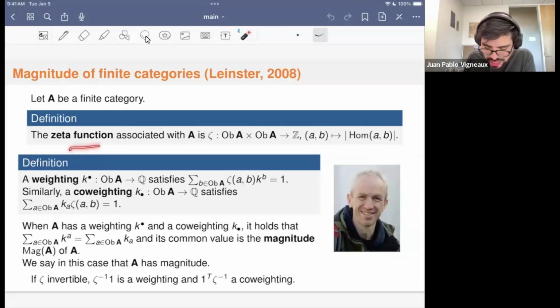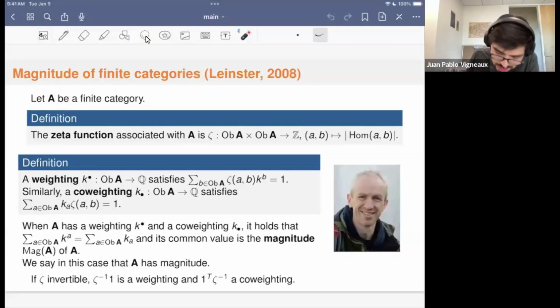So you introduce again a matrix. Now the matrix is indexed by the objects of the category. And instead of just taking values 0 or 1, it takes values like the number of homomorphisms between A and B, which we're supposing is a finite number. Indeed, this definition is very general because you can also take A to be an enriched category.